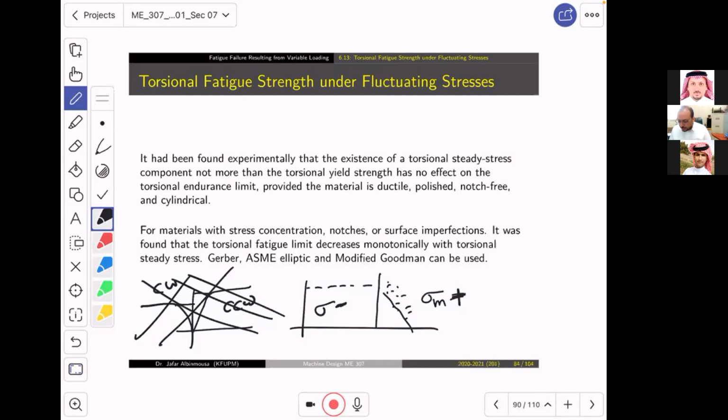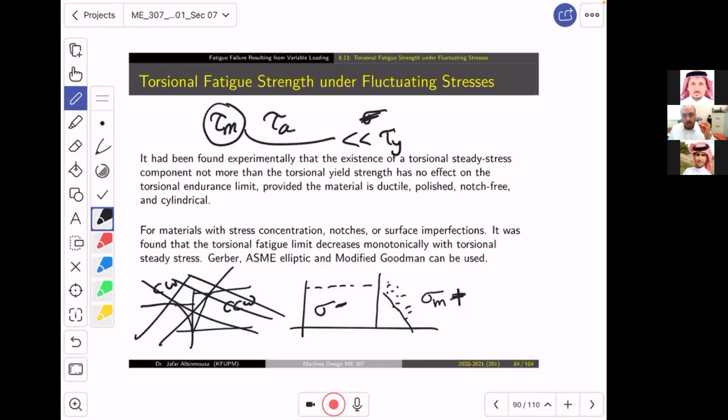It means if I make a machine which can apply cyclic torsion, and I apply tau mean and tau A, such that tau mean is less than tau yielding, it turns out that the mean here does not change a lot.